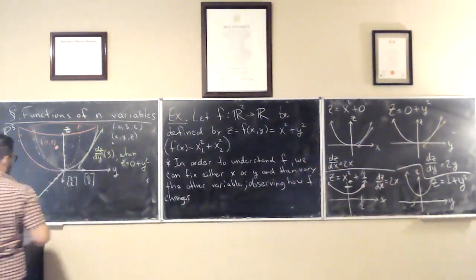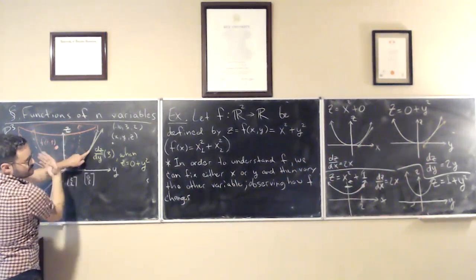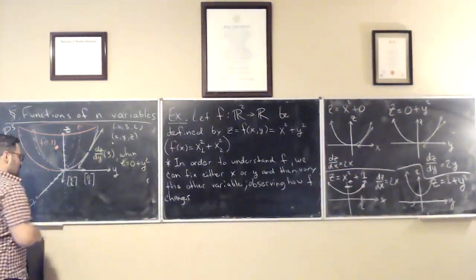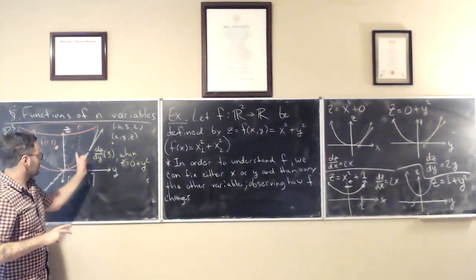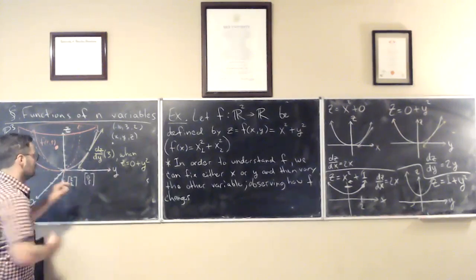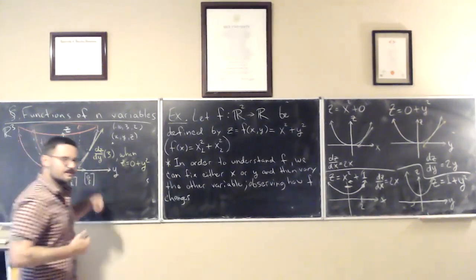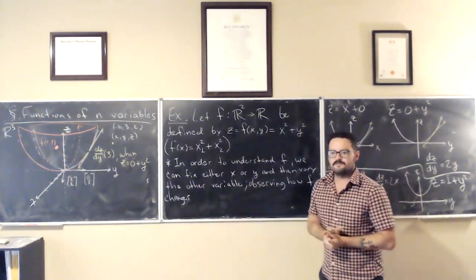So how do we put all those things together and understand change this way versus change this way at the same time? Well, obviously, we're going to need two different numbers. The number in this direction is measuring the change in z with respect to y. The number in this direction is measuring the change in z with respect to x.